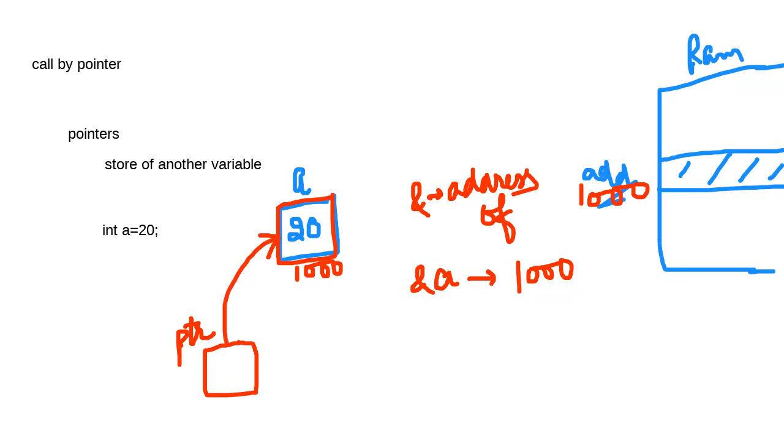I want to put the address of this a variable, 1000, inside ptr so that I can access the location named a. Can I declare this ptr as a normal integer variable, something like int ptr equal to ampersand a? Can I write this?